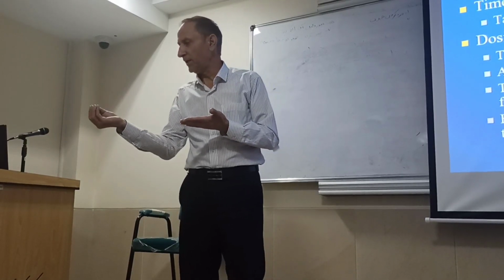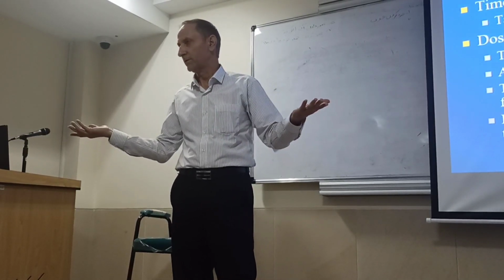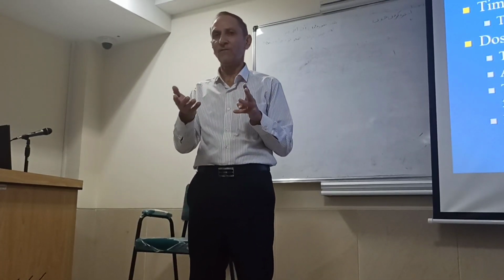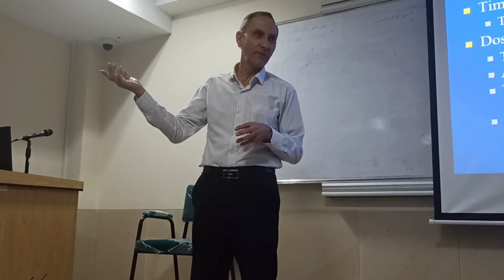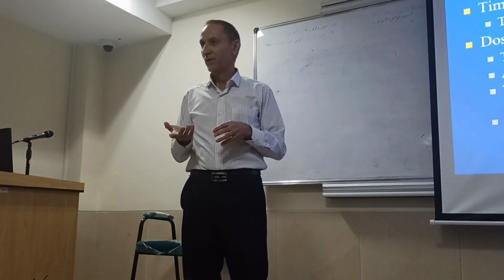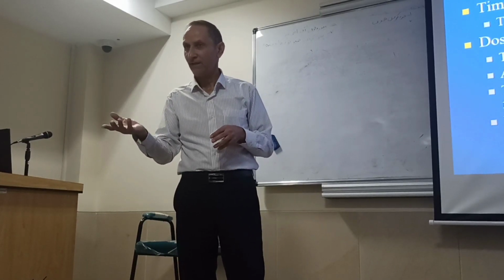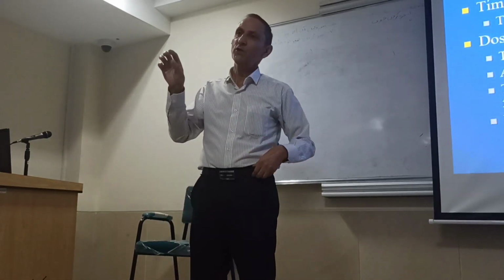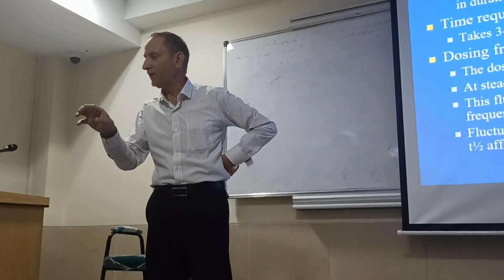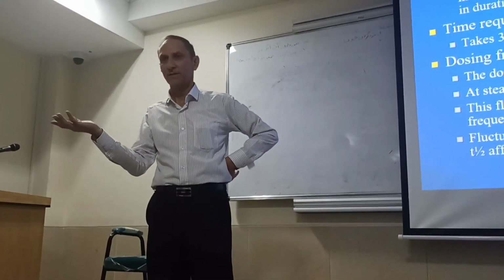Suppose that a patient has hypertension and you have 2 drugs, one with a half-life of 6 hours and the other with a half-life of 24 hours. The 24-hour drug is better since we can use it once daily, and it's very convenient for the patient.